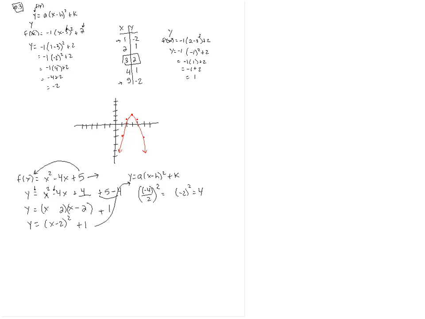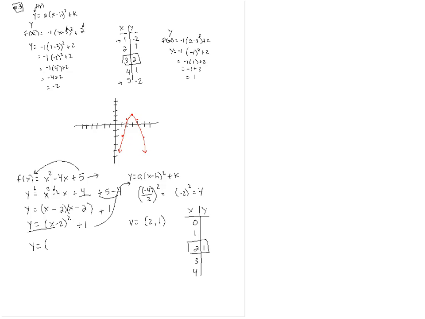So my vertex is (h, k), okay? And I can make my little table. There's my vertex, 2 and 1. So I go 1 and 0, and I go 3 and 4. Now I plug in, and I can use this right here.